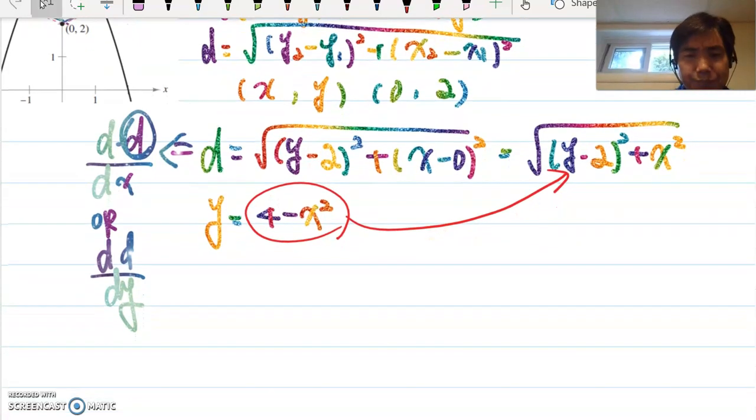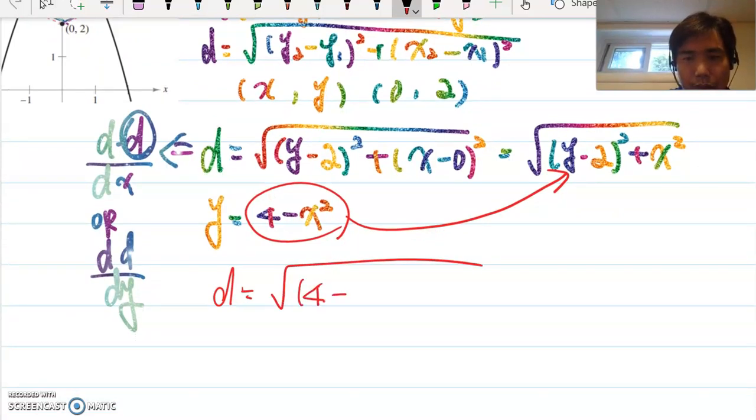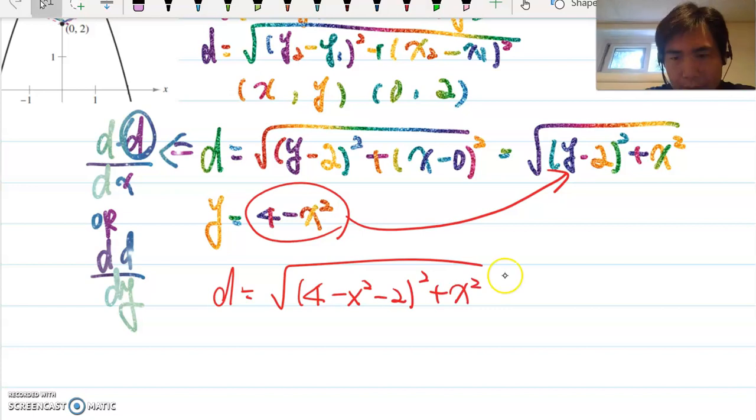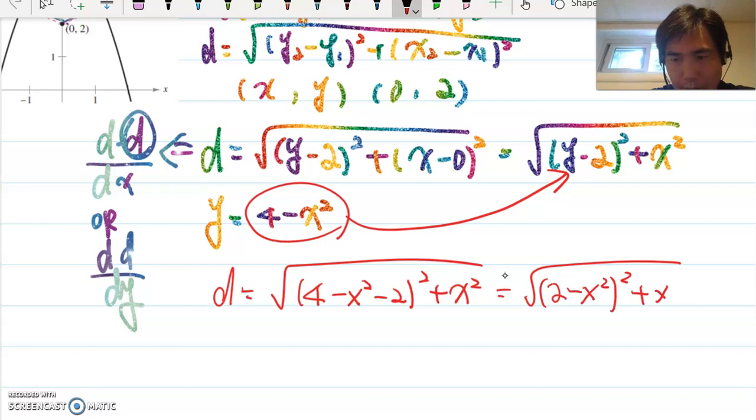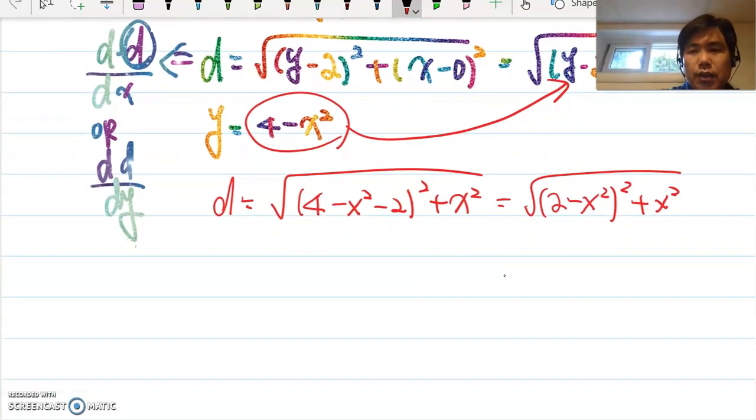Okay, then distance becomes square root of 4 minus x squared minus 2 squared plus x squared. So this becomes square root of 2 minus x squared, all squared, plus x squared. Okay, so I'm going to just simplify the inside here.